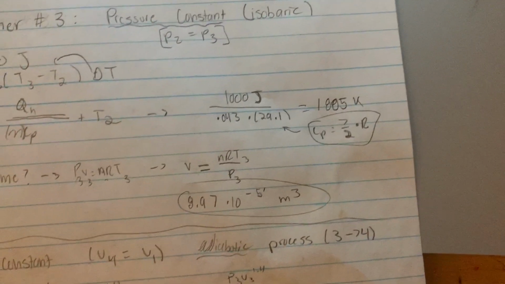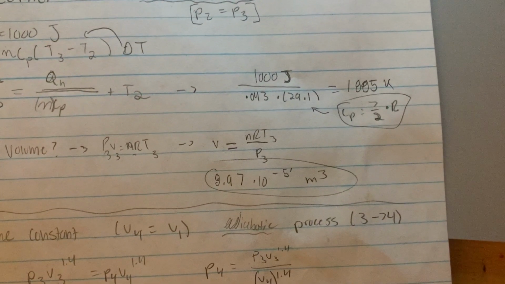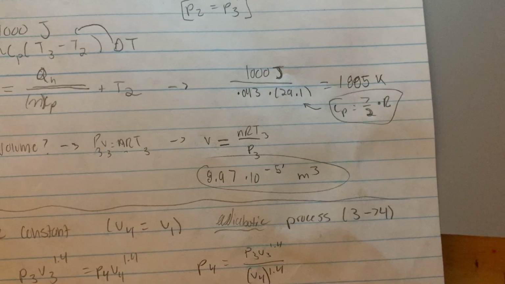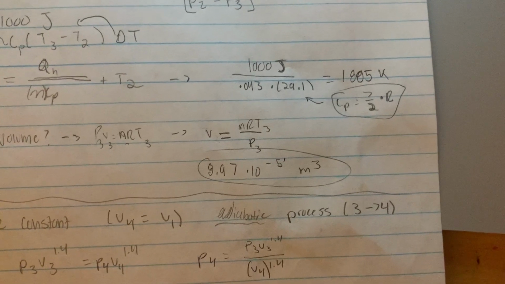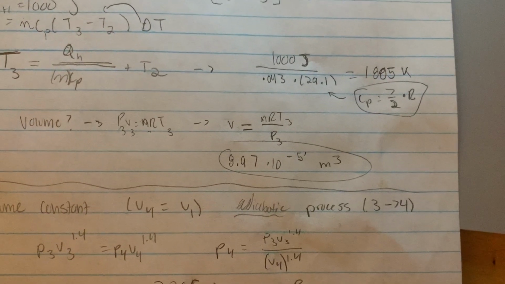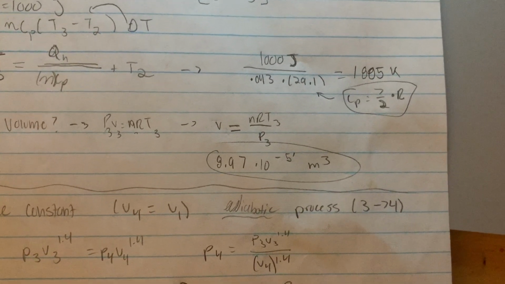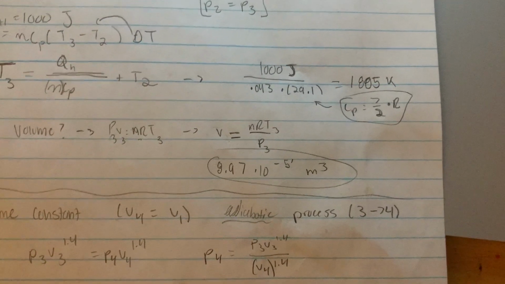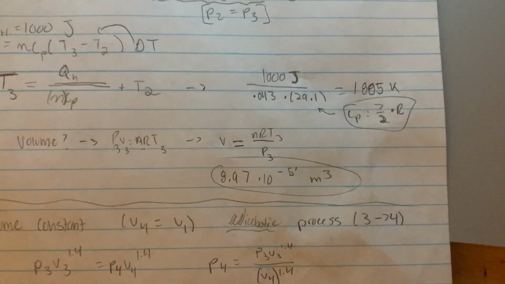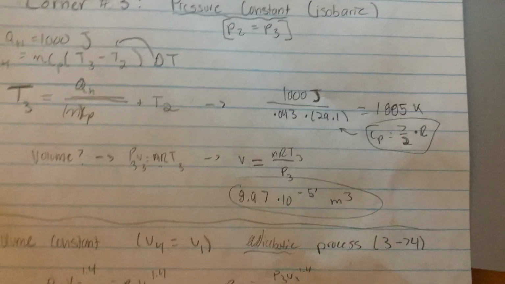What is Cp? Cp is the specific heat at constant pressure, which for a diatomic molecule or air is 7/2 times your R value, 8.314, so you get 29.1. You plug everything in.